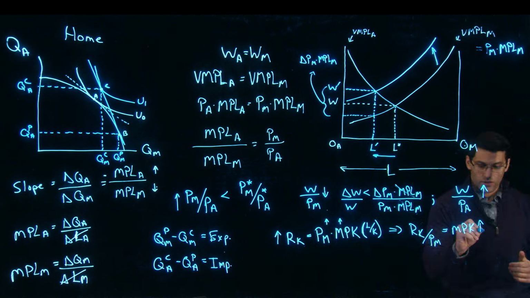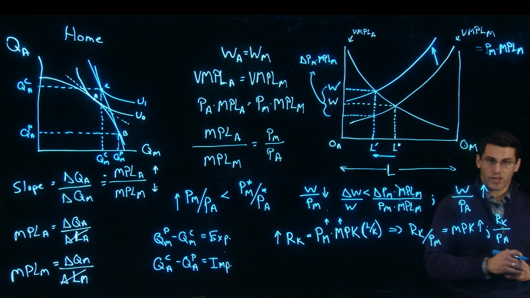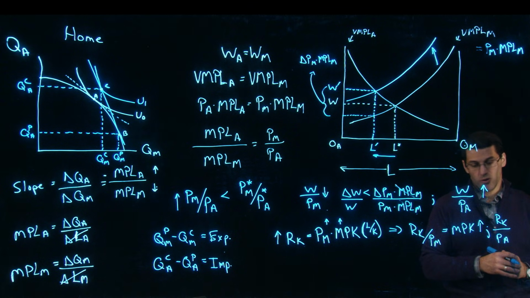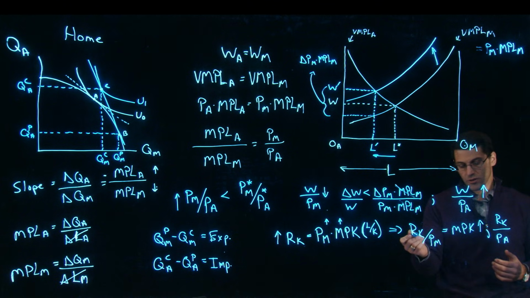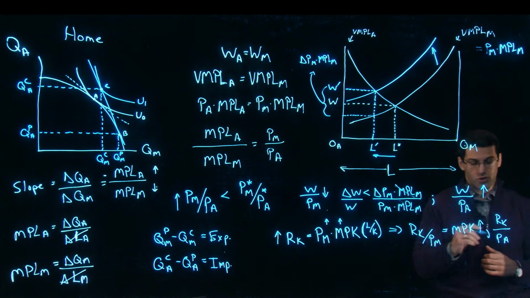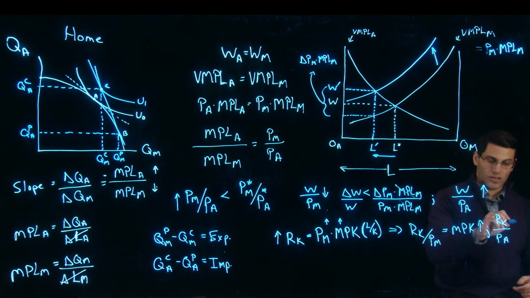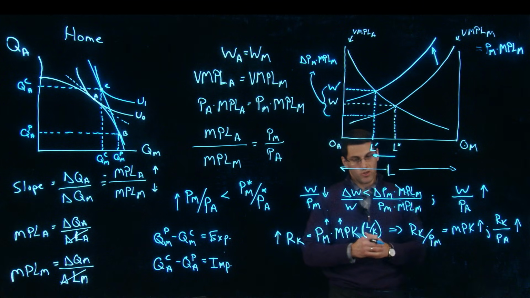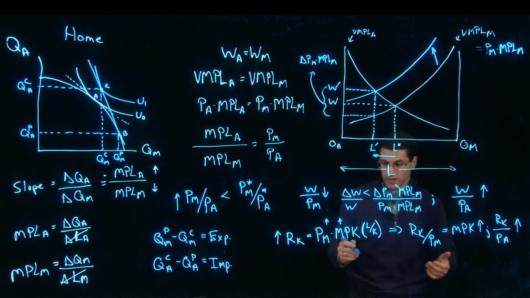Well, likewise, we also know that RK, the rental rate on capital divided by the price of agricultural goods, has to have gone up as well. If the increase in the rental rate is so large that it was in fact larger than the increase, proportionately speaking, in the price of manufactured goods, well, RK goes up and the price of agricultural goods stays the same. So that ratio also goes up. Well, we could do the same thing for land.